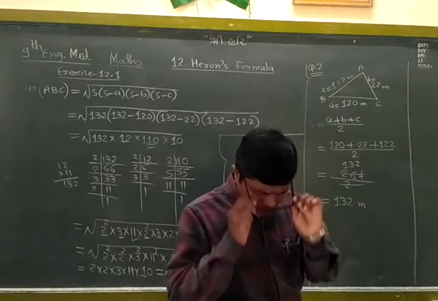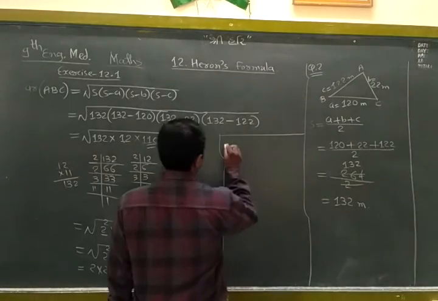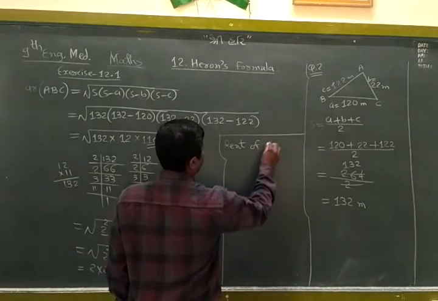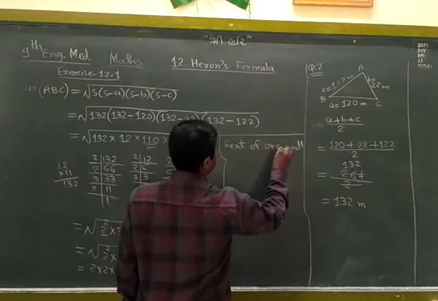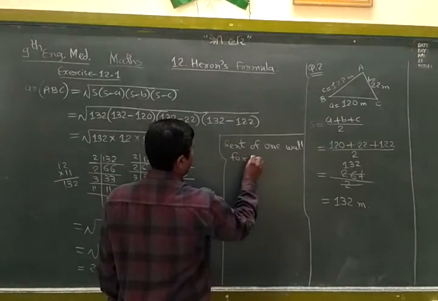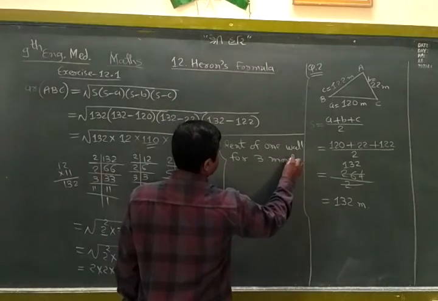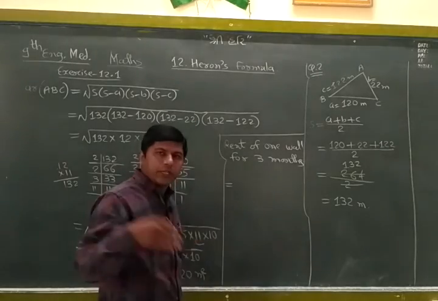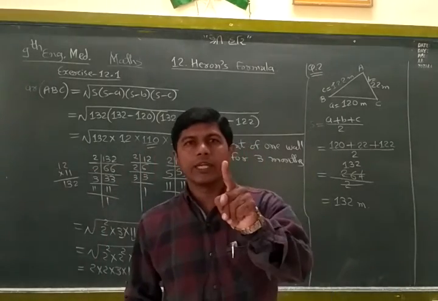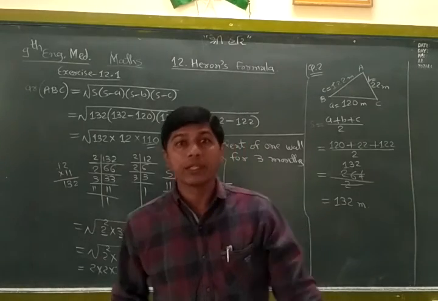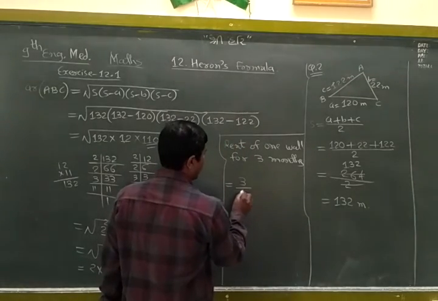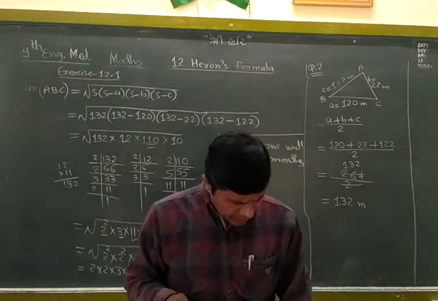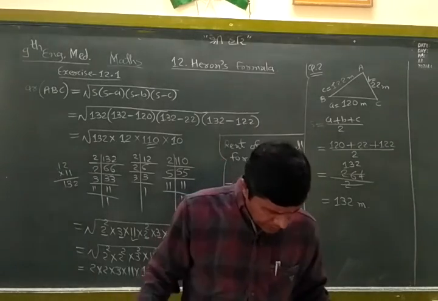Rent of the one wall for 3 months. Okay, so here 3 months convert into year. So we know that 1 year has 12 months. So divide 3 by 12. Okay. Second condition here, how many square meters?